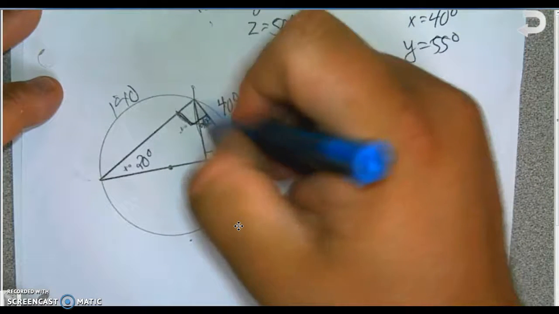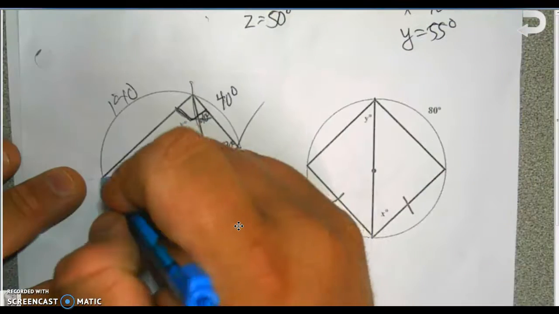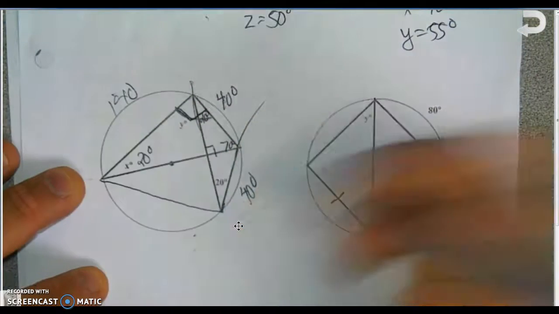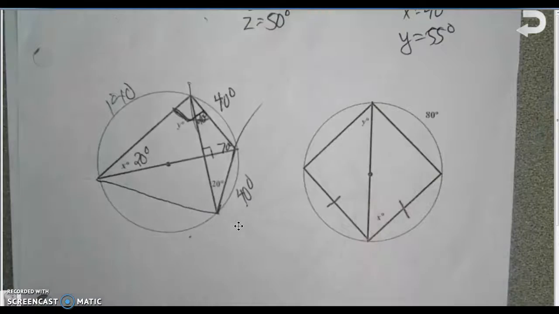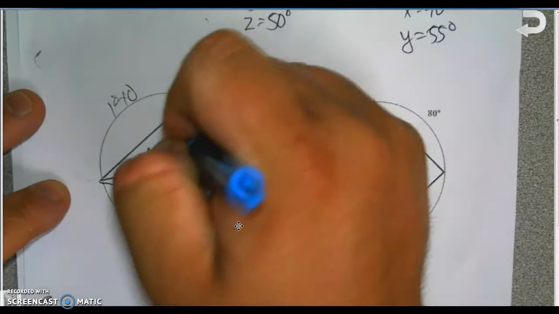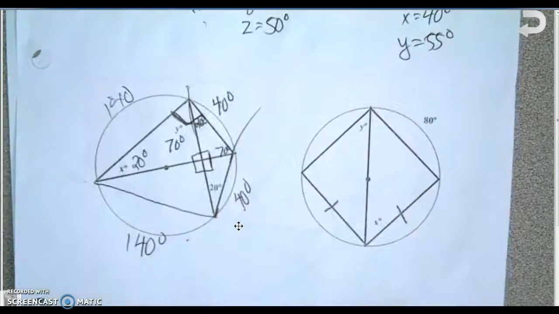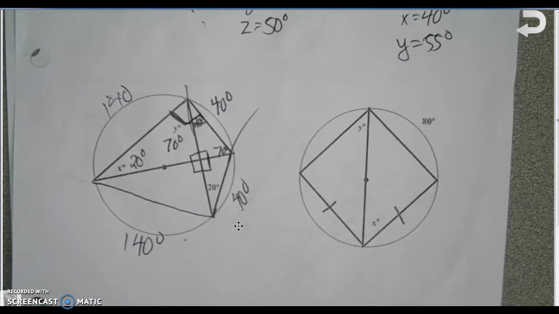And since this is 20, what we have here are 4 similar triangles if I were to connect this. And since we have 4 similar triangles, this arc is also 140, which makes Y 70. So we just put together all of our rules that we talked about yesterday to help us out with that one.